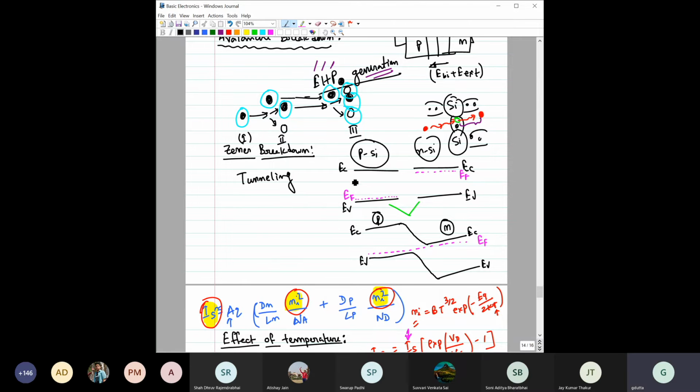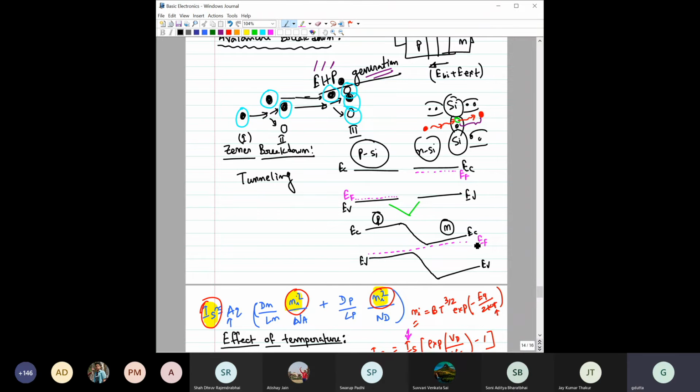Before the Fermi level. Okay, so you understand that the Fermi level EF for P type would be closer to this EV, and for N type the Fermi level would be closer to this EC. Now when you have to form a PN junction, these two EF have to first align.